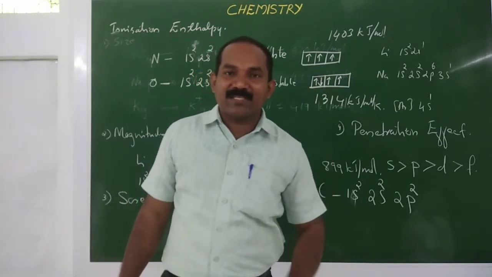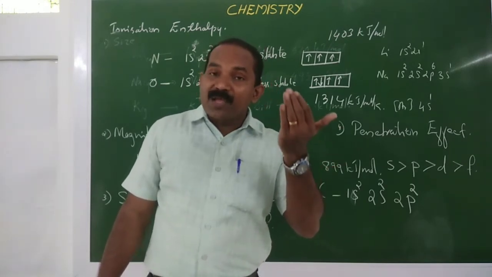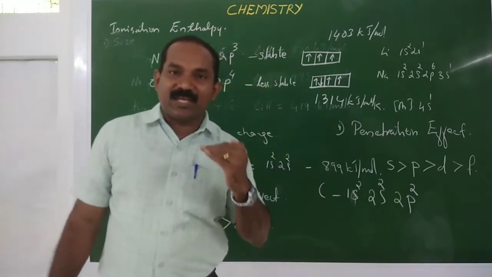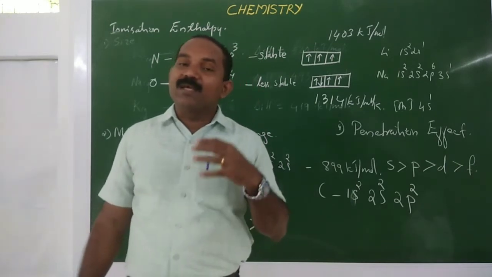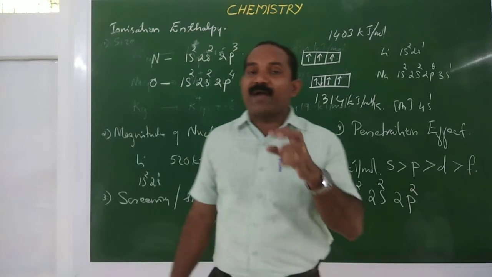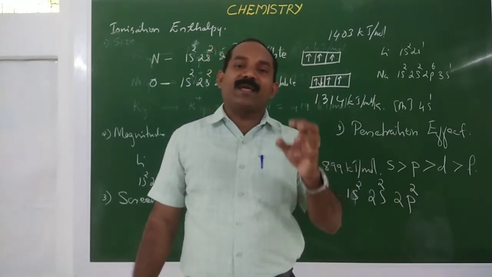Okay, the ionization energy is higher. And those atoms with less stable electronic configuration, their ionization energy is less. Okay, so we will discuss this in the period and group. So these are the main factors.